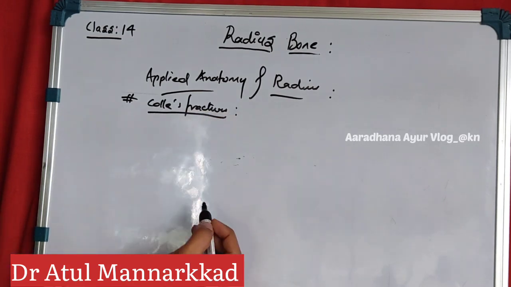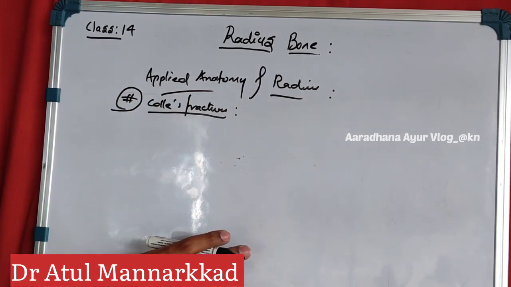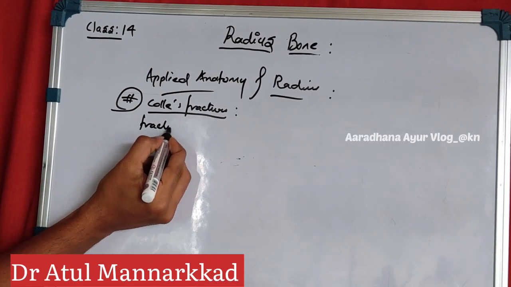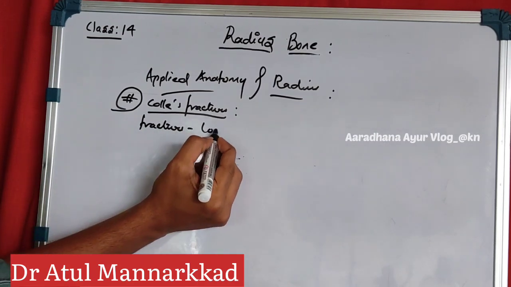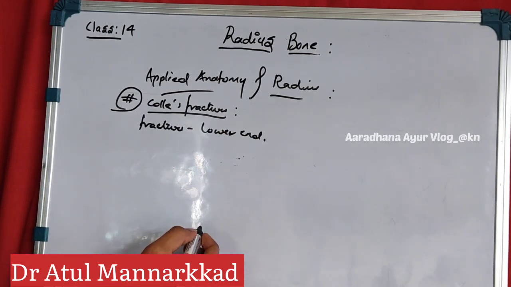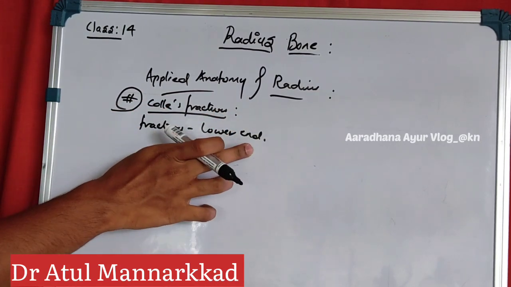This is a fracture of the lower end of the radius. The lower fragment goes posterior superiorly. So Colles fracture occurs in the radius bone at the lower end.